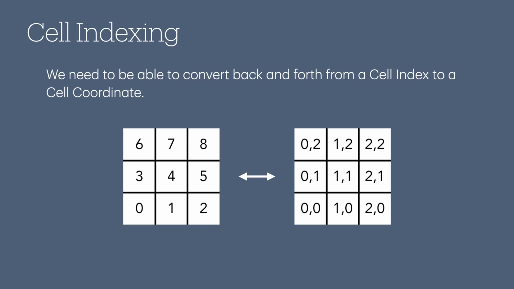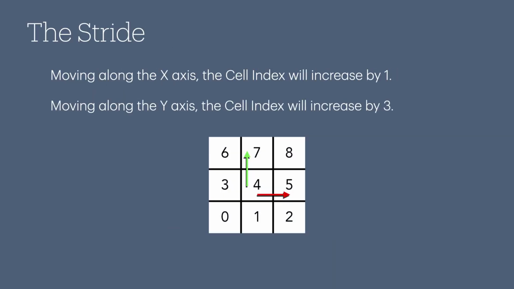This is where we will use the stride constants we defined earlier. The stride represents how much the index will change if we move along a particular direction. If we move along the x-axis, then the index will increase by 1 each step. Therefore, we will define the stride in the x direction as 1.